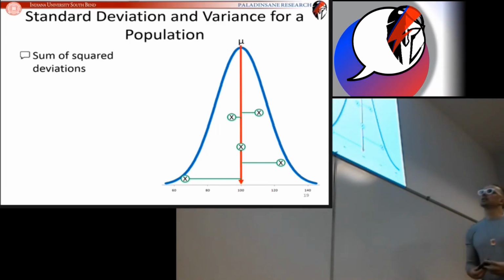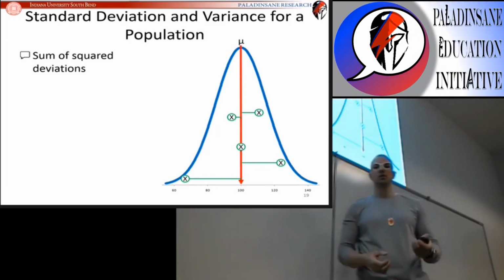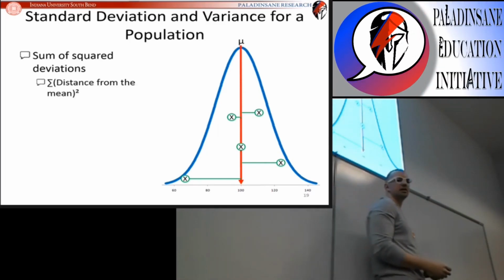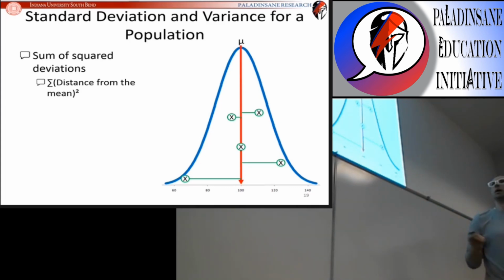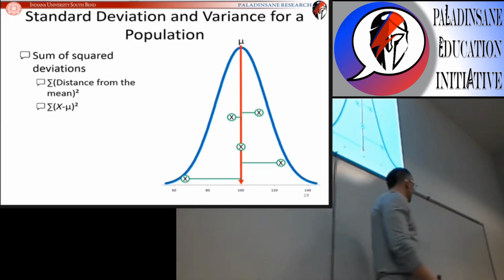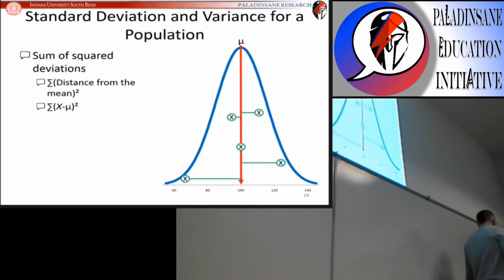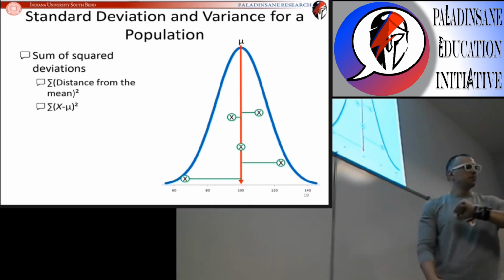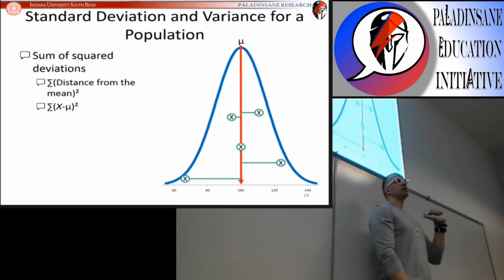And this is the sum of the distance from the mean squared, and this is the sum of your score minus the population mean, and then all of that squared. And you can see where the order of operations is coming in to be very, very important. Now, this is one of the most important concepts in statistics. It's going to come up again and again and again and again.